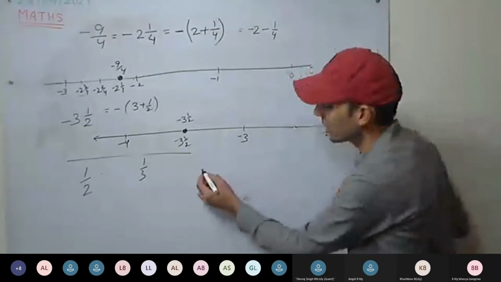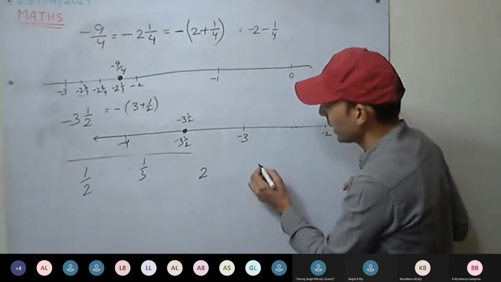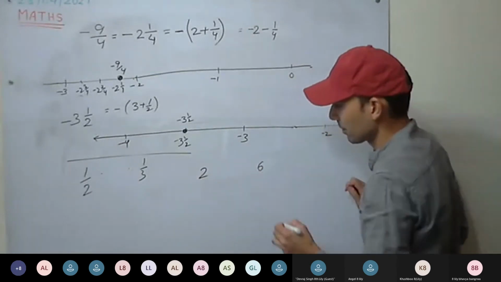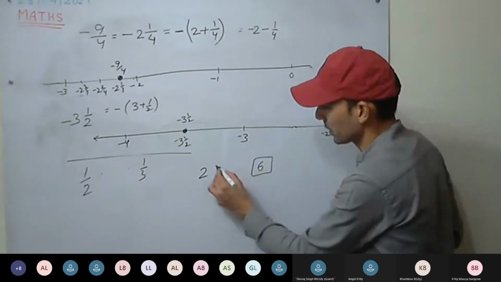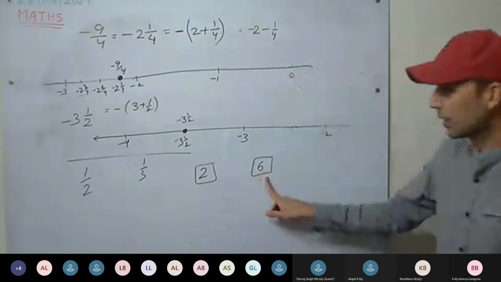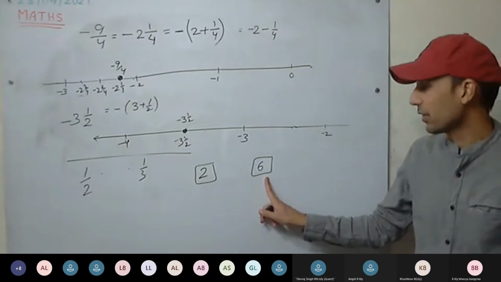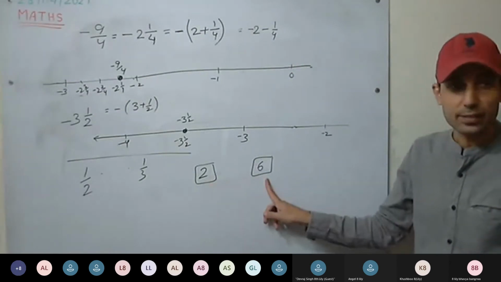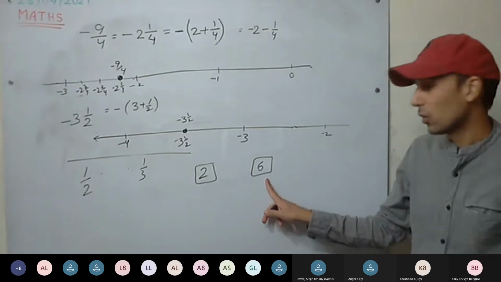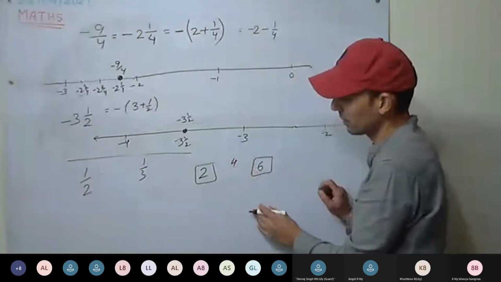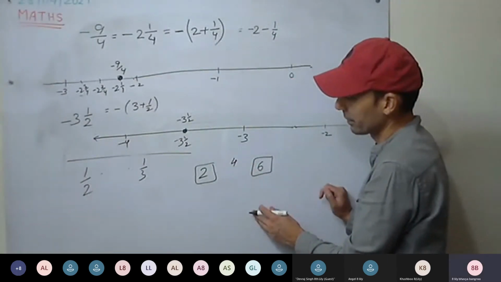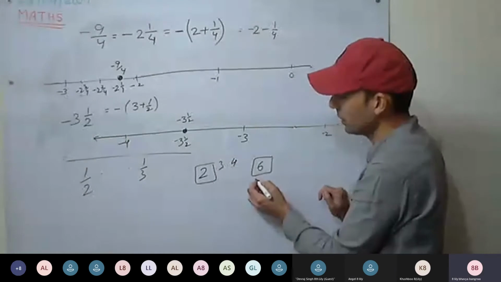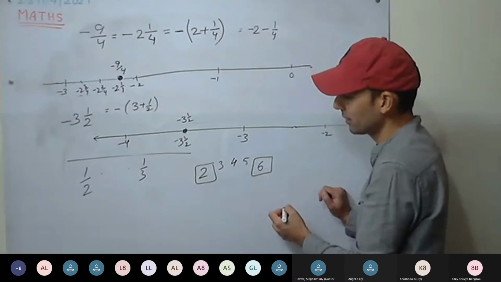For example, you have to insert a rational number between 2 and 6. These are two rational numbers. Give one example. Write one rational number between 2 and 6. 4. Any more? 3. Any more? 5. Any more?